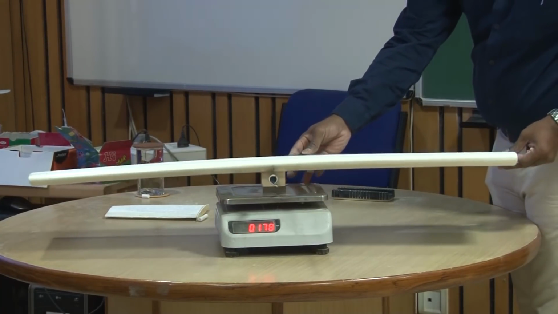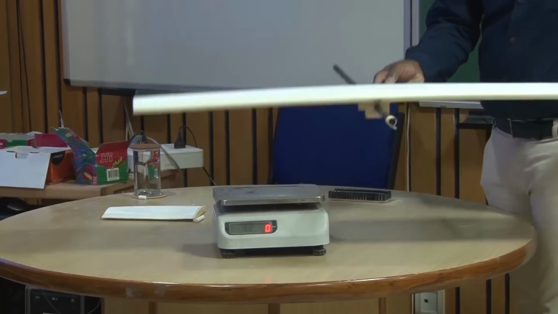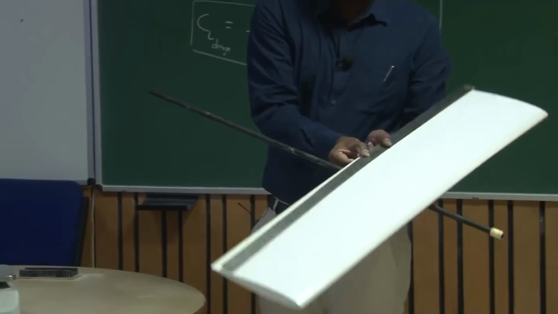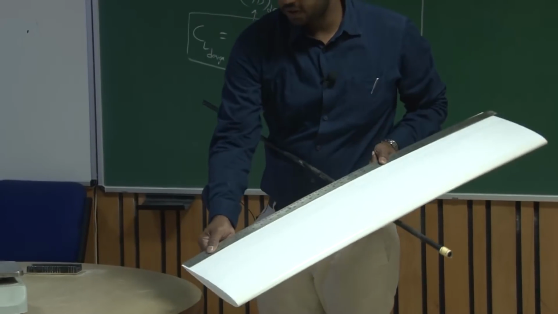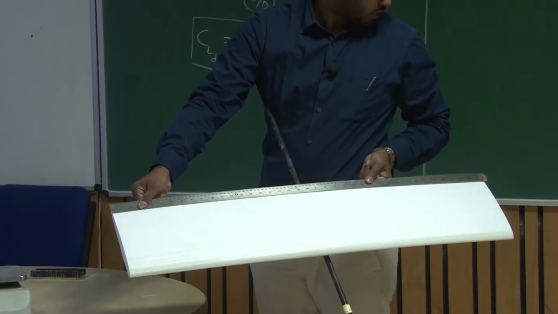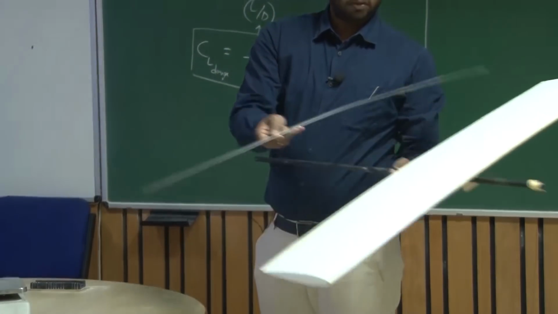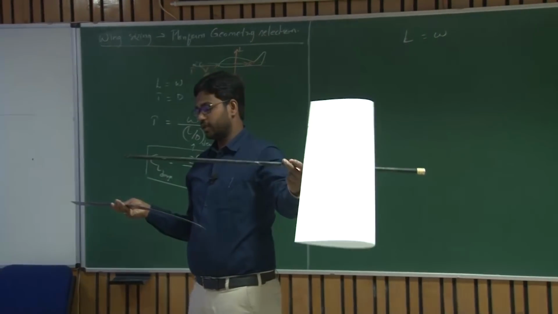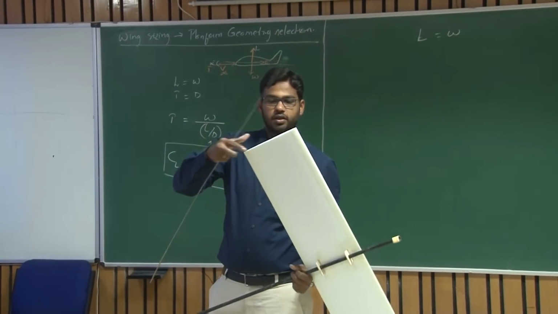And what is the span? Span, as you can see, is almost 1 meter. It's a 1 meter span wing with a carbon fiber tube attached to it. The whole setup weighs around 150 grams.